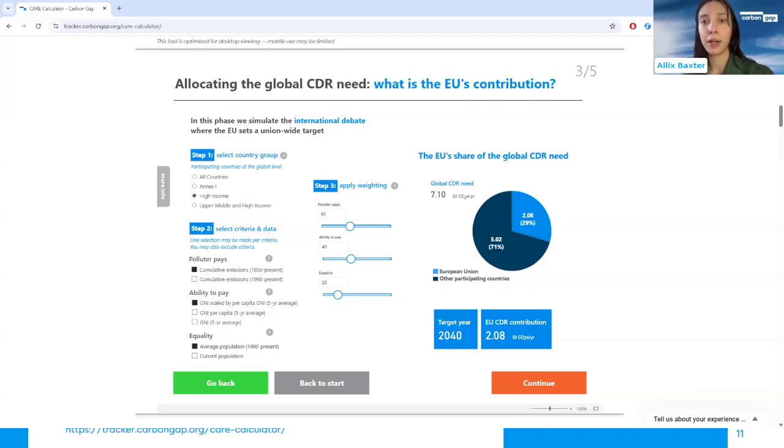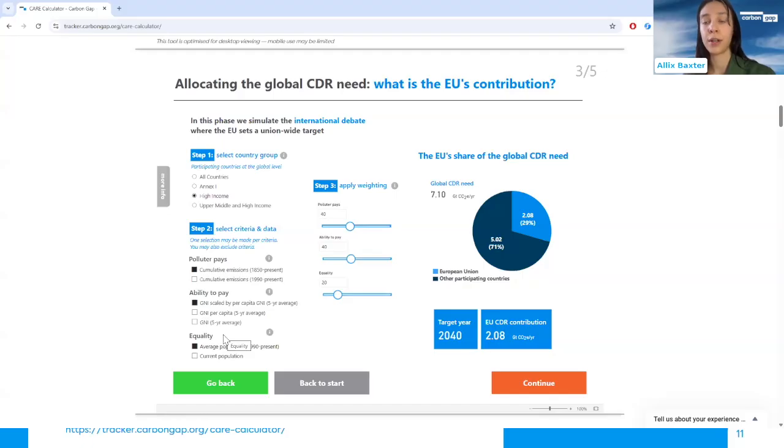And then in step 2, we are looking at different criteria for allocating these efforts. And there's 3 options we can consider here, and they have different data variants. So polluter pays. Should we consider those countries that have emitted more in the past? Should they be required to deliver more CDR? Should we look at countries' ability to pay?